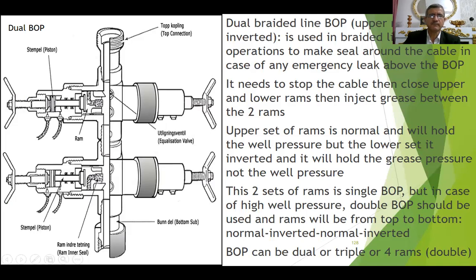So the upper one, normal, will hold the well pressure, but this one, the inverted ram, will hold the grease pressure. So the grease pressure will be injected here, it will go to here and will go here.